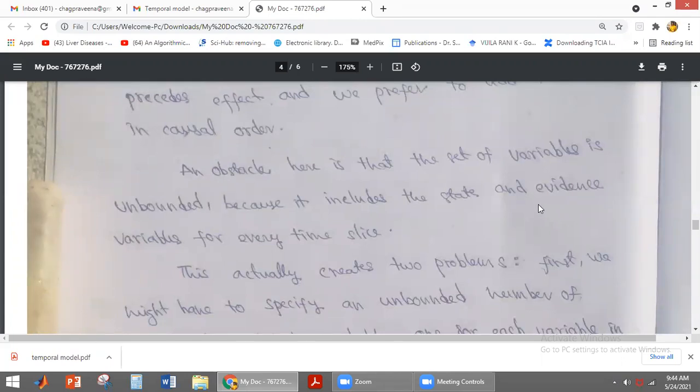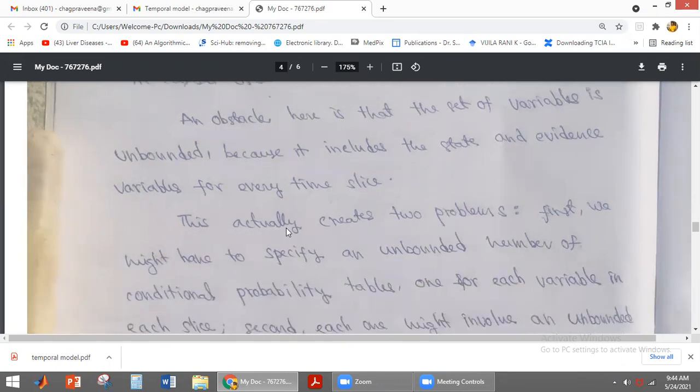The state and evidence are changing with respect to time. If you take the blood sugar level of a patient, it will be changing every time. So when we represent the state and evidence variables for every time slice, this becomes unbounded, with an infinite number of values. That is the main problem here.